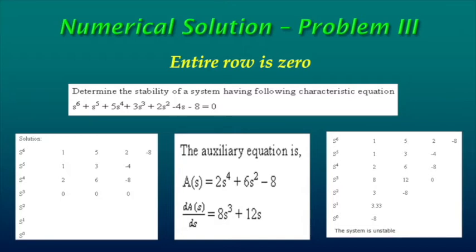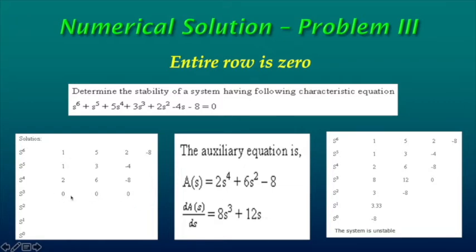The derivative of this auxiliary equation is taken with respect to s, and the coefficients of the differentiated equation are taken as the elements of the following row. So this auxiliary equation is 2s^4 plus 6s^2 minus 8. Then differentiate with respect to s: 8s^3 plus 12s.